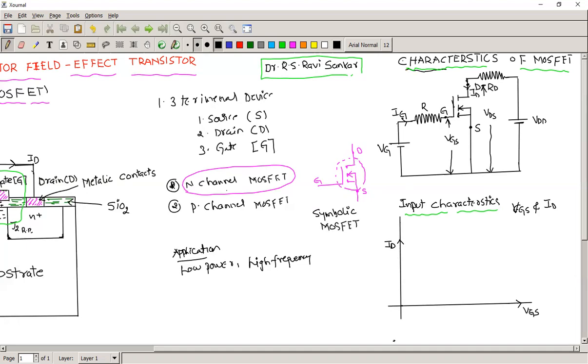Now here we have taken the gate voltage, gate source voltage. At this point the gate source voltage is 0, so the MOSFET is off, and it slowly increases to nearly 2 to 3 volts.